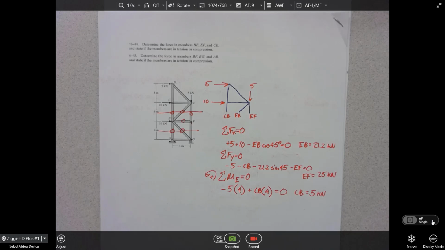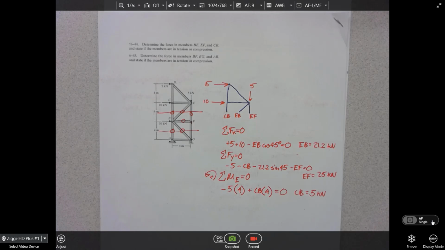So we actually solve for EB right off there. It's just 15 divided by cosine 45, which is 21.2 kilonewtons. Okay. We can sum the forces in the y direction.